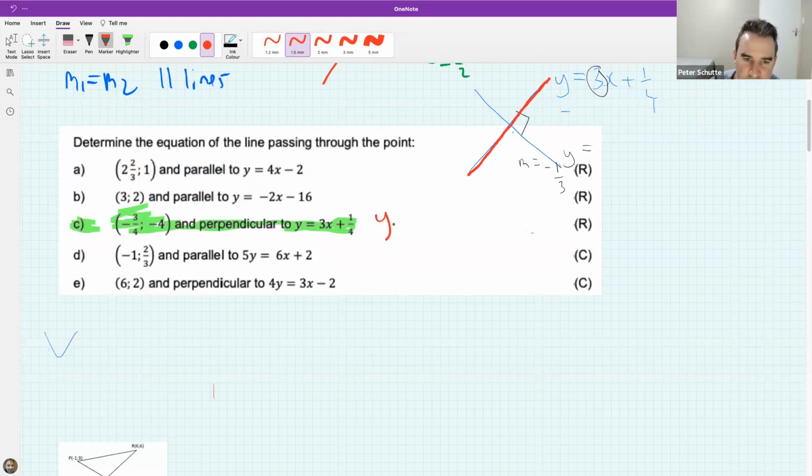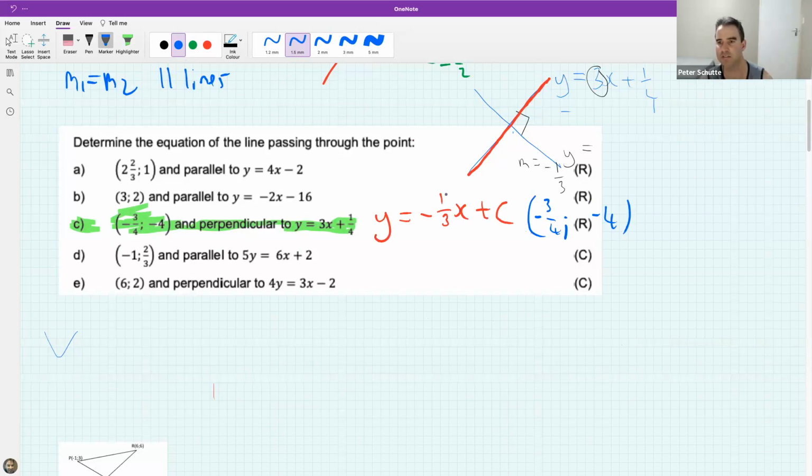So essentially what I know is the gradient of the line I'm after is negative third x. And because it's a straight line, that's what I've got. But now the point on the line is going to be minus 3 over 4, minus 4. And so that has to somehow go into this. That's what I want to try and figure out.